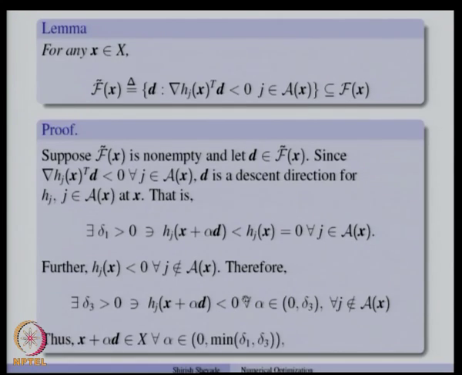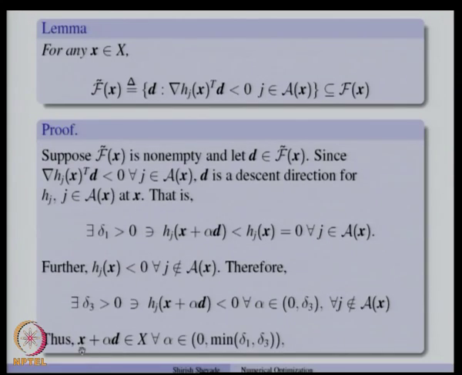Now, if we take a minimum of delta 1 and delta 3, then we can see that h j of x plus alpha d is less than 0, which means that it belongs to the feasible set.